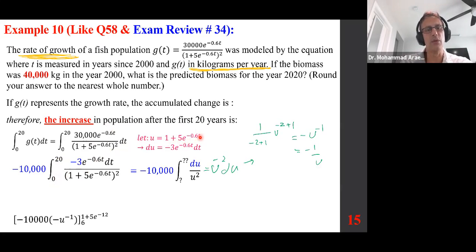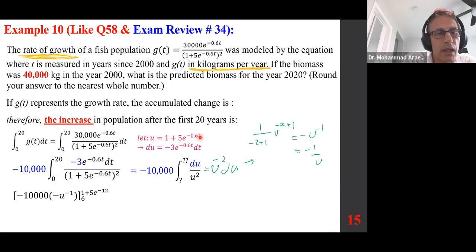So let's quickly see how we get that one more time. If you plug in 0 into the u, this becomes 5 and 1 is 6. If you plug in 20, 20 times -0.6 is -12. That's how you arrive at it.